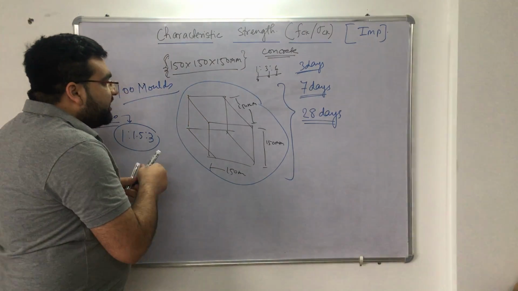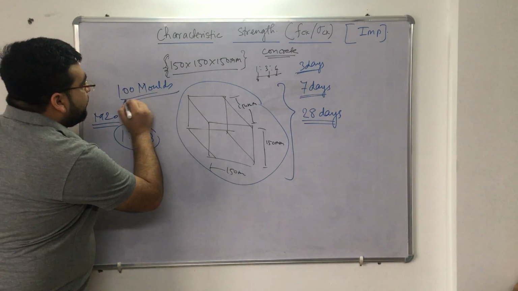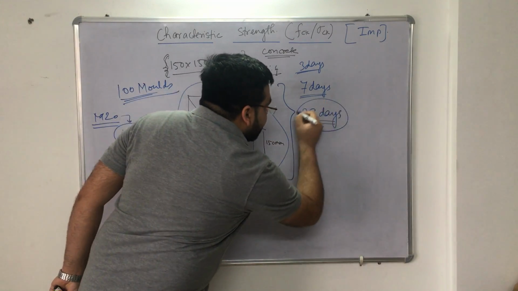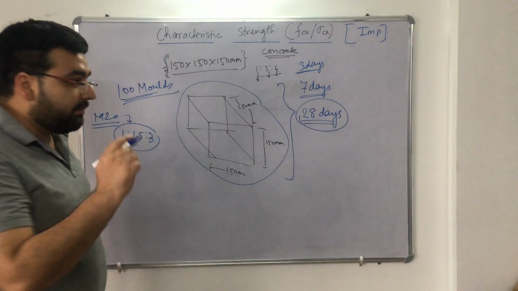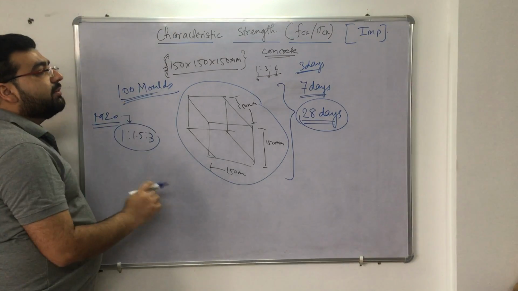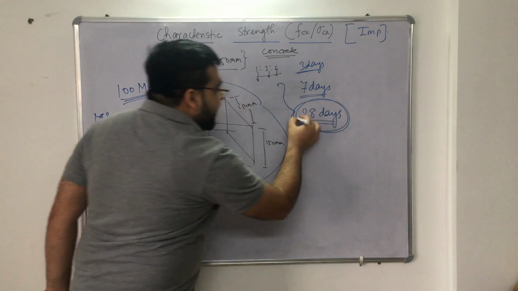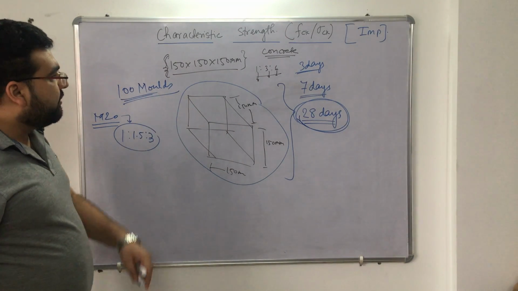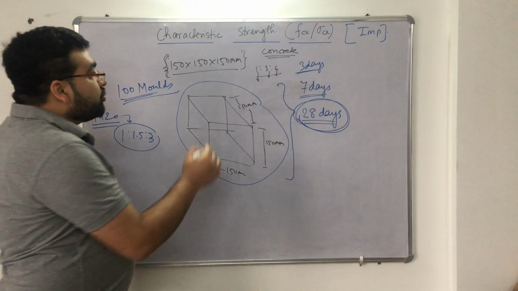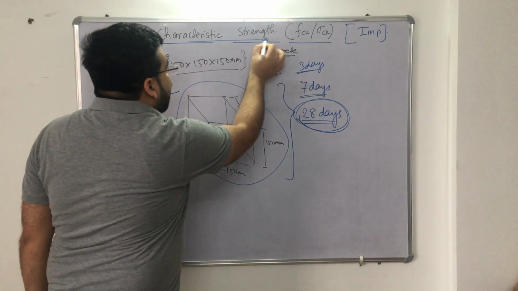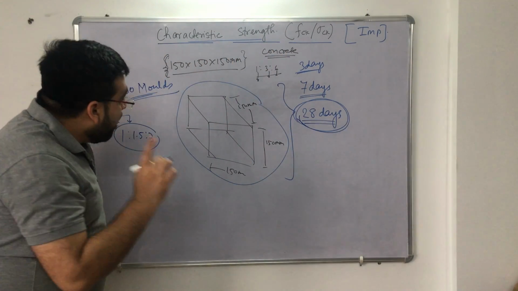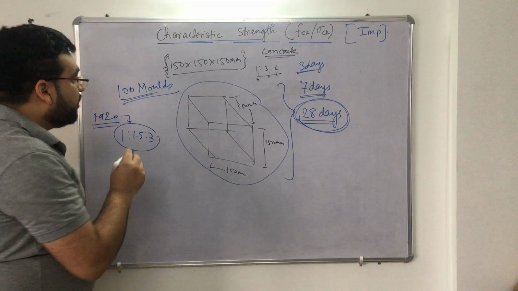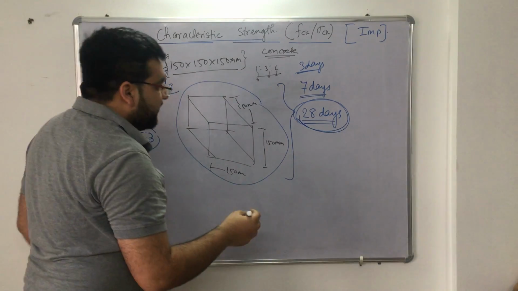Now you are checking the strength of these 100 molds after 28 days. Always remember. So the definition of characteristic strength is that not more than 5% of the molds.